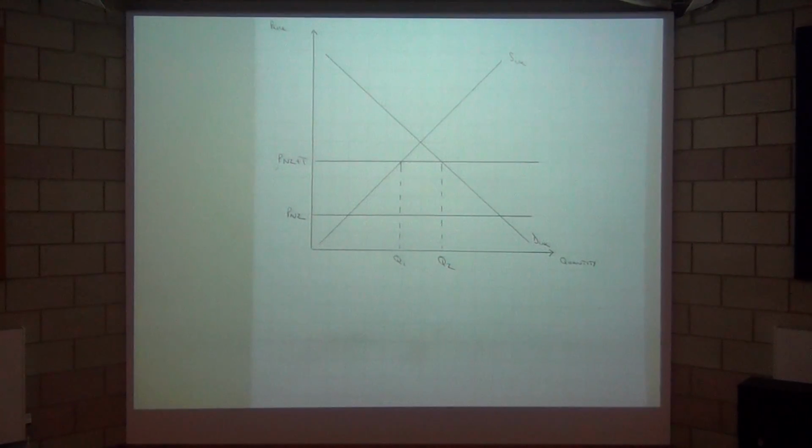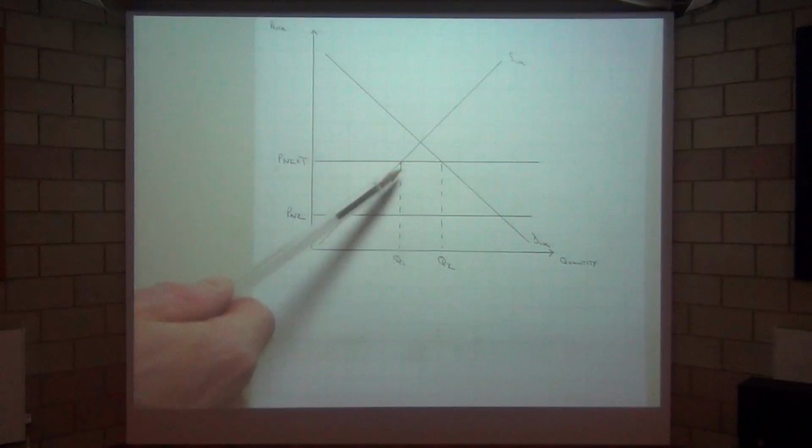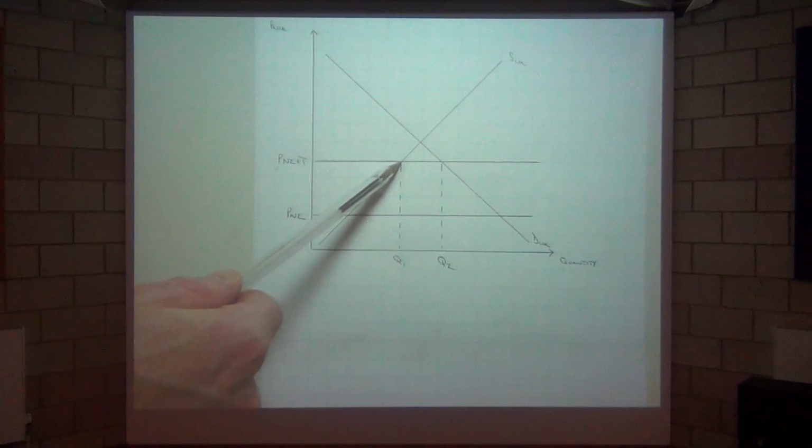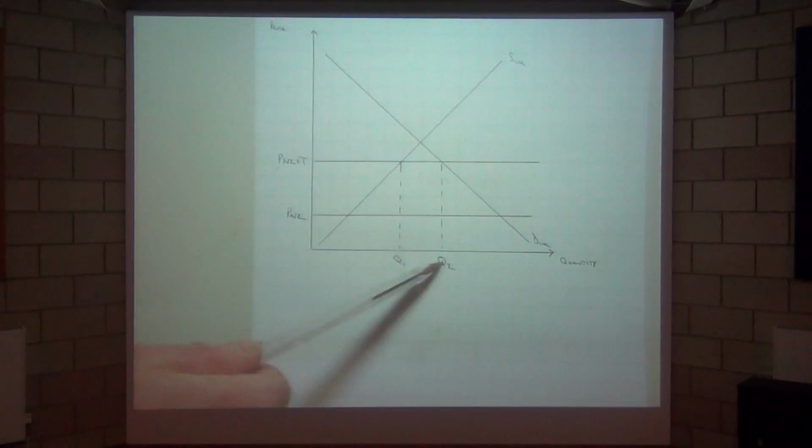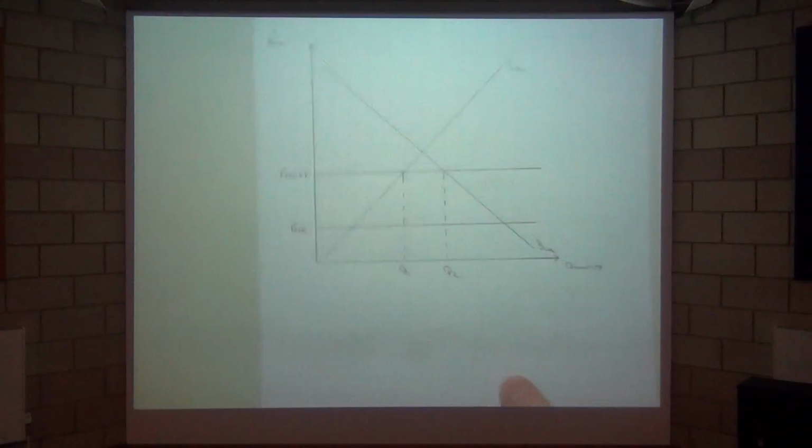Now, of course, how is that solved? That problem would be solved by importing from New Zealand the distance between Q1 and Q2. We know that this amount can be supplied domestically. We can see that on the domestic supply curve, but this distance between the two, that has to be imported.